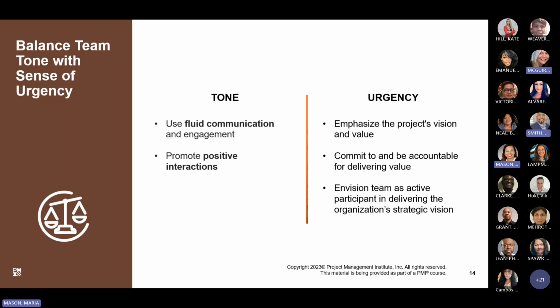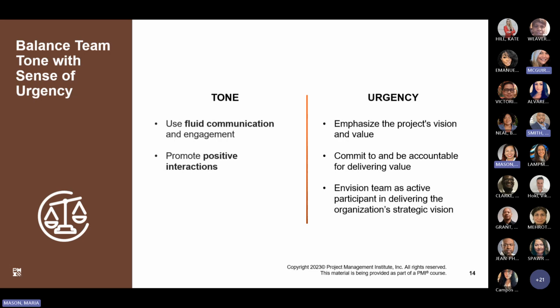So that's one where you want your team members to feel like you value them and that their contributions matter. But you've got to balance that with helping the team cultivate and establish a sense of urgency because you really want them, and we may all feel this now, you want them to be able to provide their best work in the shortest period of time.